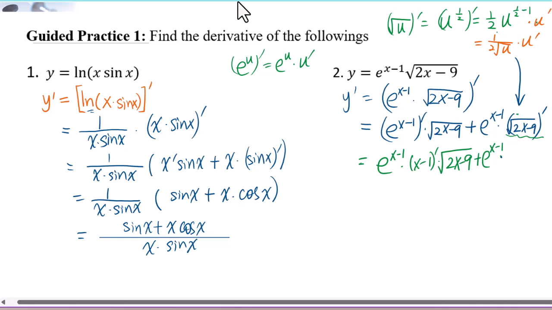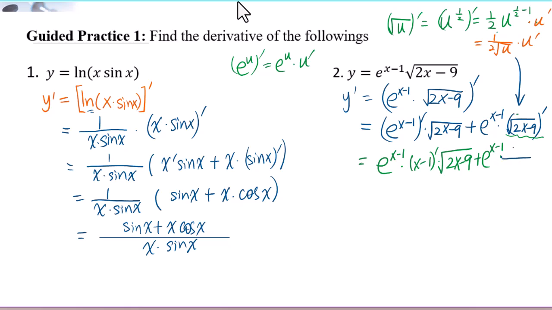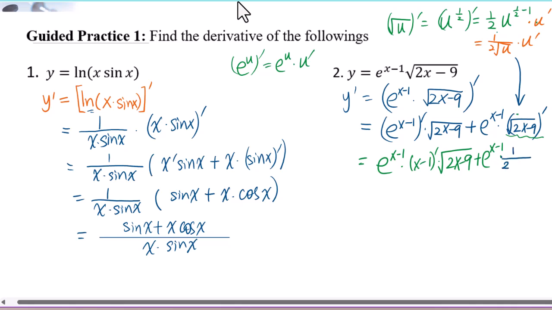So times 1 over 2 square root 2x minus 9, then times 2x minus 9 prime is 2. So we can reduce, simplify.